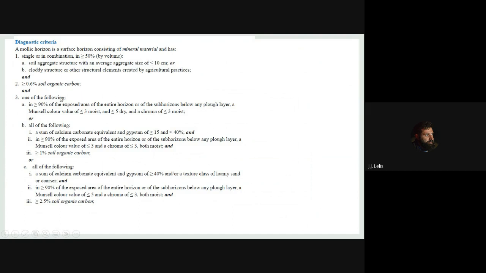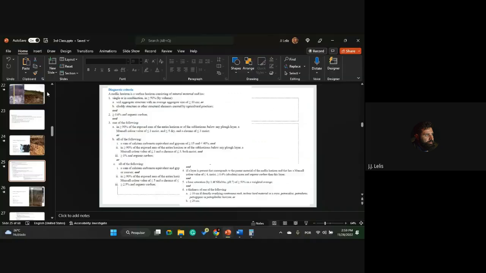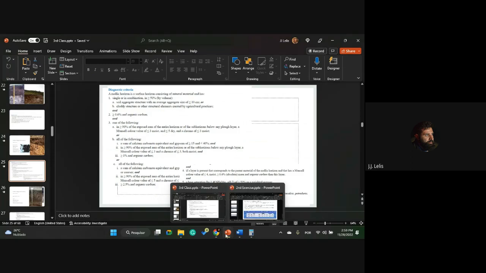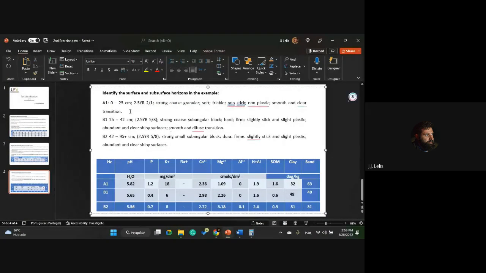So if you are following criteria number 1 and number 2, we already have a mollic horizon. So in this case, we are following number 1, number 2, and number 3, letter A. We don't need to follow B or C because they are OR. So in this exercise, we have a mollic horizon at the surface.